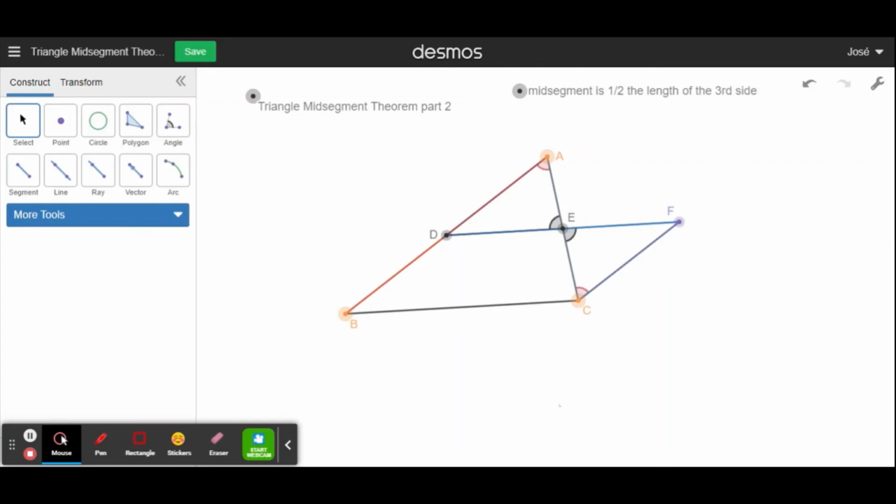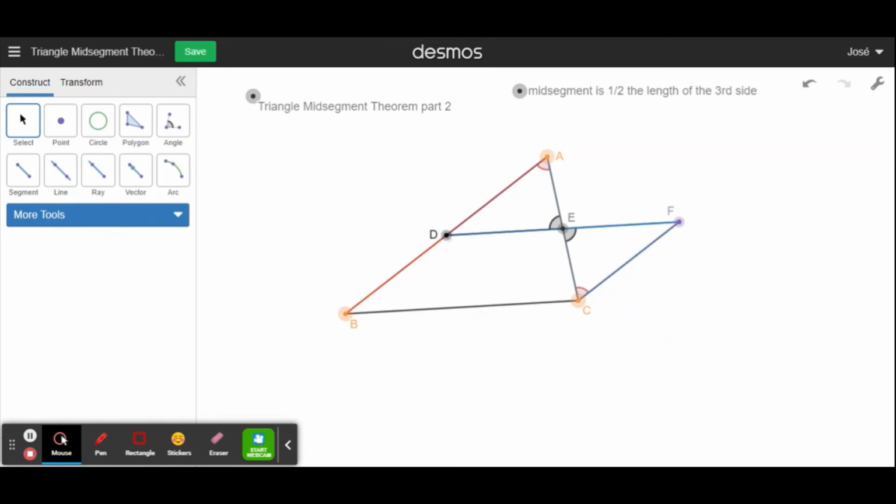So part two of the triangle midsegment theorem states that the midsegment is half the length of the third side, the side to which it's parallel. And so just continuing from the arguments from part one, we have a parallelogram BDFC.